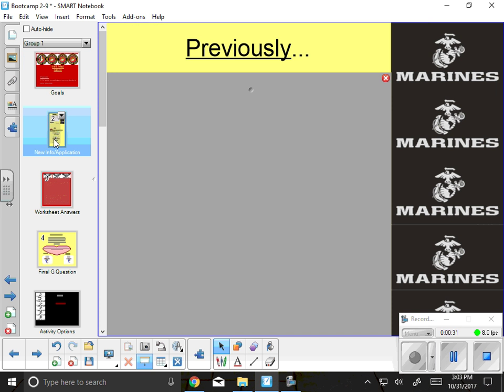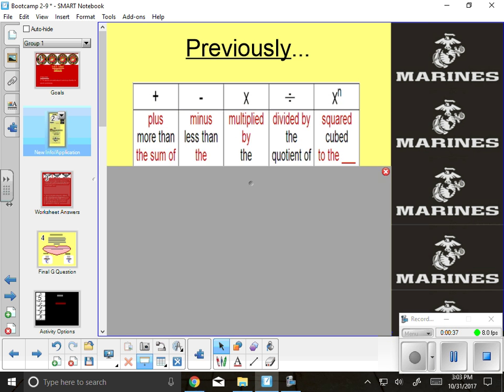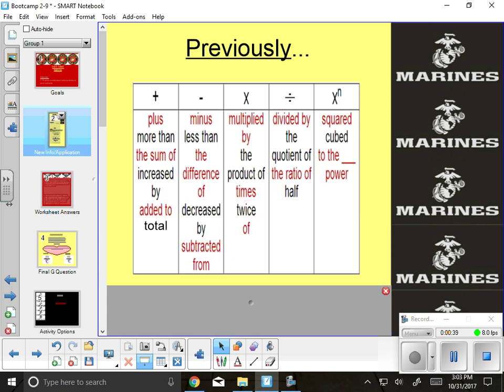So if we're looking at the new information for this level, I'm just going to go back and talk about this chart that I know you guys saw in chapter 1.8, I believe it was. I just want to make sure that everybody understands the plus column, minus, multiplication, division, and then the power.